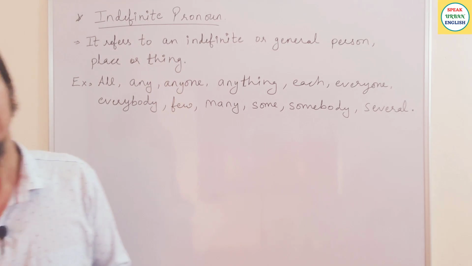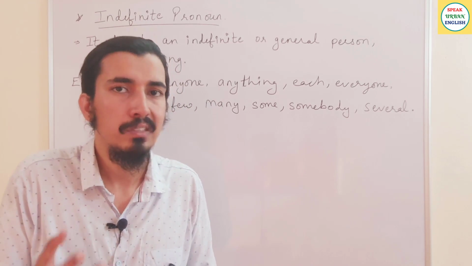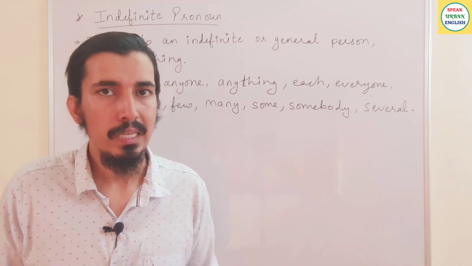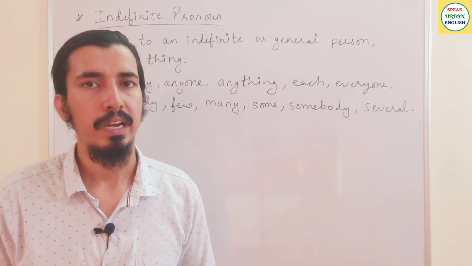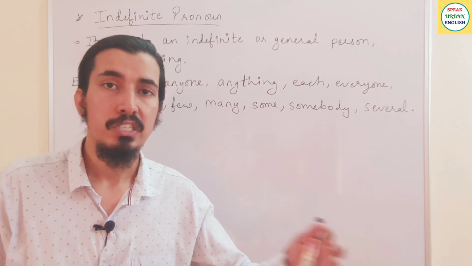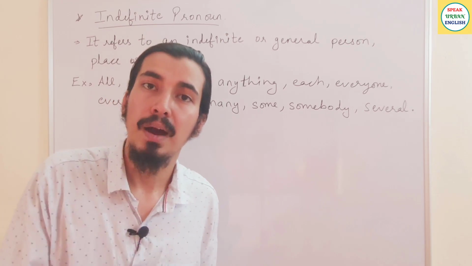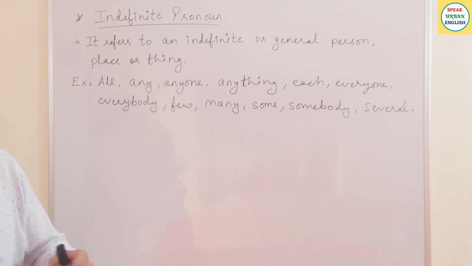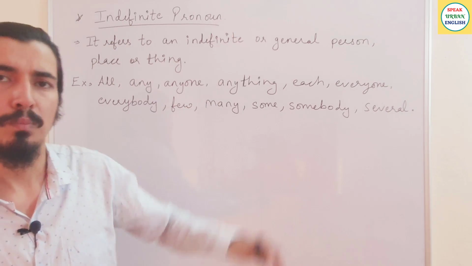Think like there are 10 friends of mine. Instead of saying individually, Adriana is my friend, Tom is my friend, Harry is my friend, Jennifer is my friend, what I can say is all are my friends. So all is an indefinite pronoun. It's used for a general person, place or thing.